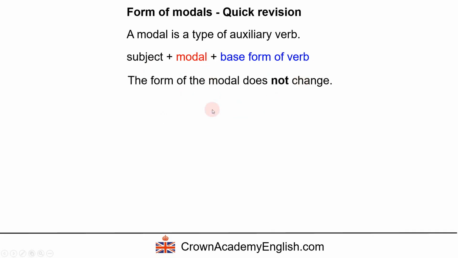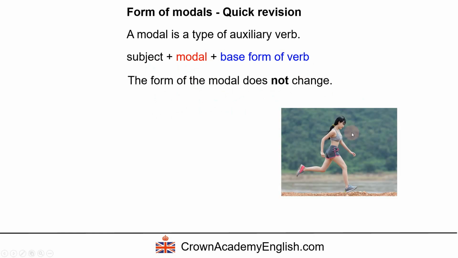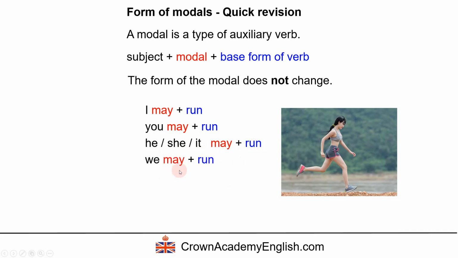And it's very important that you understand the form of the modal does not change. So for each subject, the modal does not change. Now let me give you an example of that. So we can say, I may run, you may run, this is you singular, he, she, or it may run, we may run, you may run, this is you plural, and they may run.